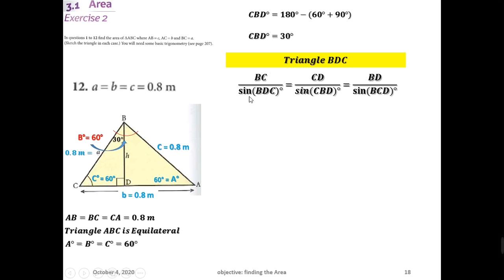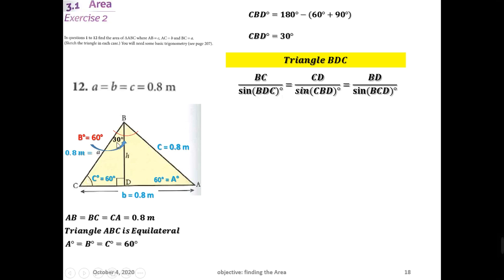Now, after we wrote the sine rule for triangle BDC, we must substitute in this rule. So side BC is equal to 0.8, so we're going to replace BC with 0.8. Angle BDC is 90, so BDC is going to be replaced with 90 degrees. So 0.8 over sine of 90 degrees is equal to, CD is unknown, so it's going to stay the same.